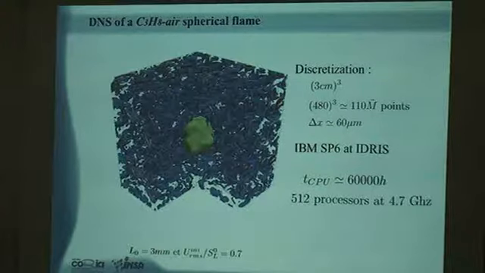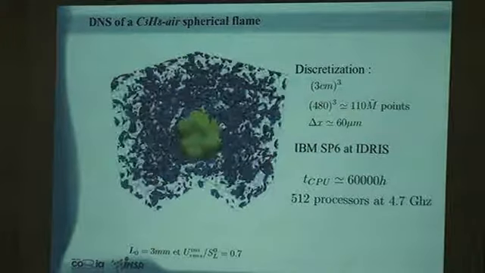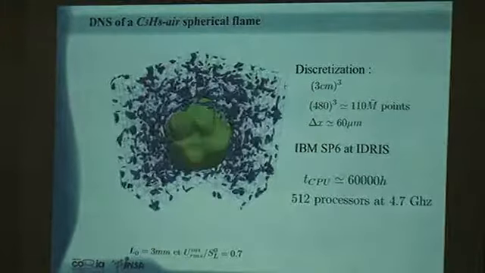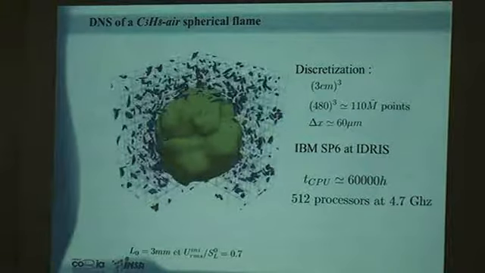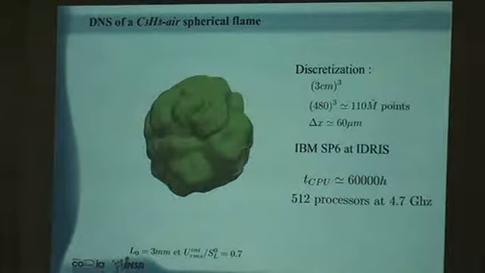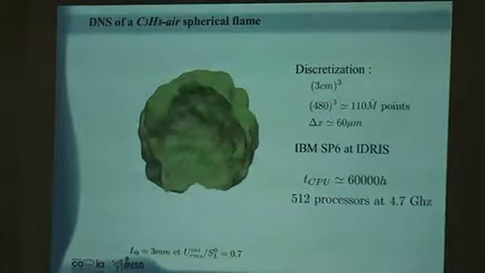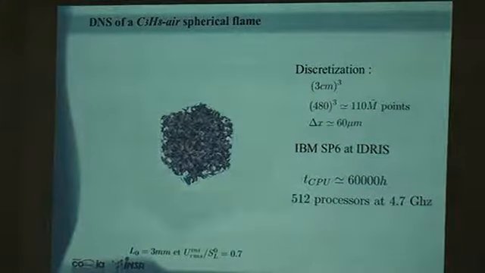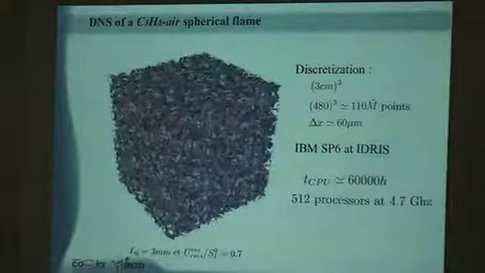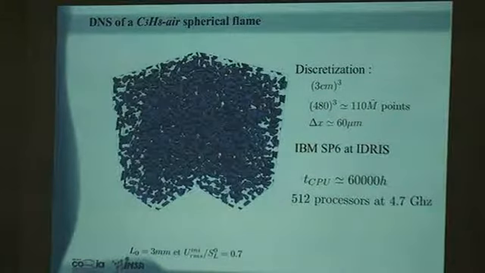No external source of turbulence. This is DNS. There is interaction between the flame and the turbulence. You see, this is a numerical solution of the reactive Navier-Stokes equations, but do you have a random force in Navier-Stokes?